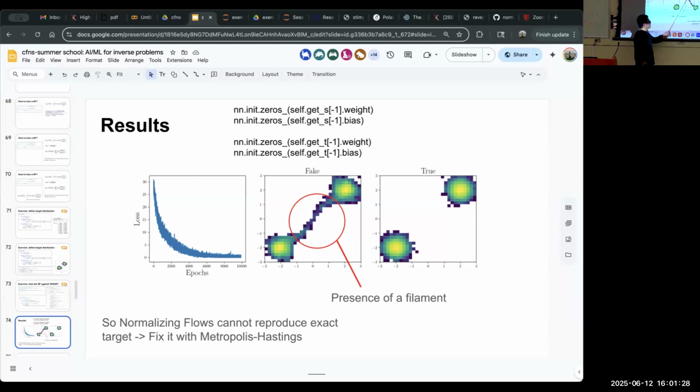There is this region here that appears no matter what you do. And even the most expert people won't be able to get rid of this by hacking the normalizing flow code. It doesn't depend on the number of flows. It doesn't depend on how deep you make the S and the T's. That stuff won't disappear.